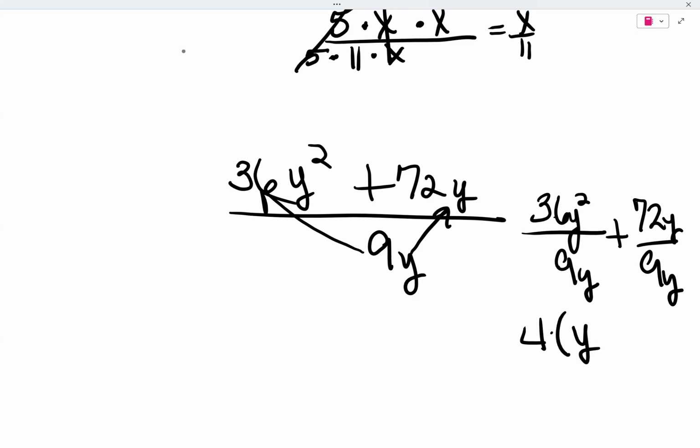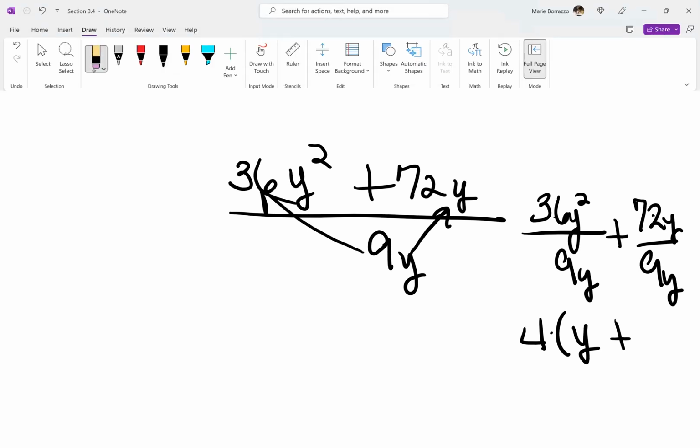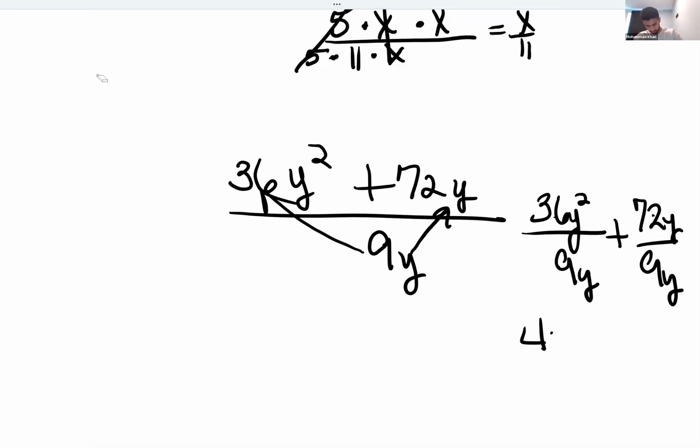So in essence, we end up with +8. I was gonna say 9 goes into 72 8 times. So I wouldn't use this notation, which is I jumped the gun on that. Let's just use straight up division.